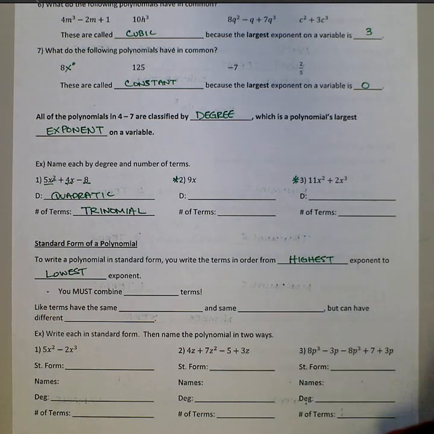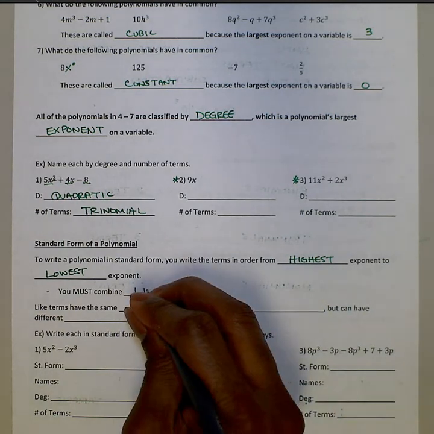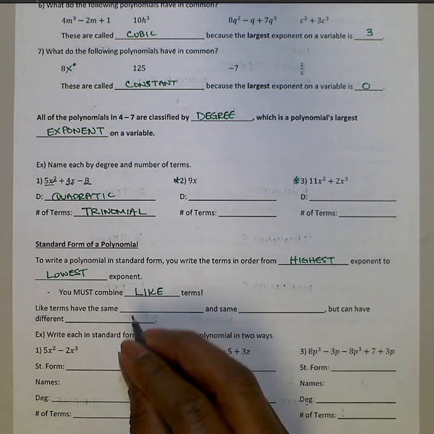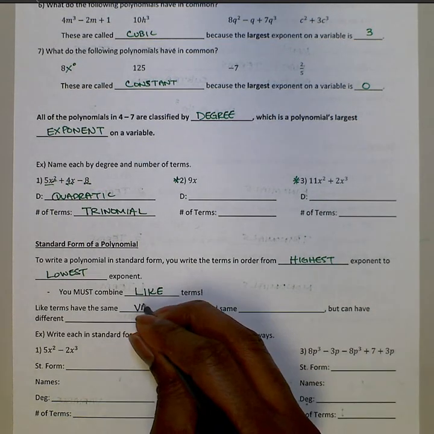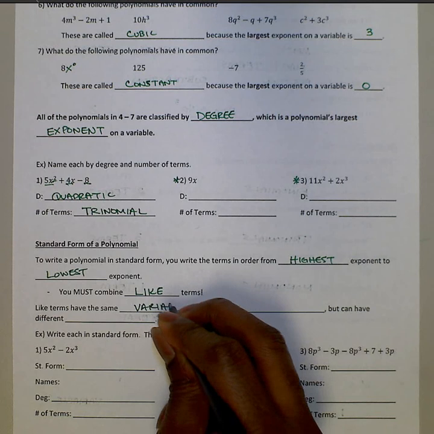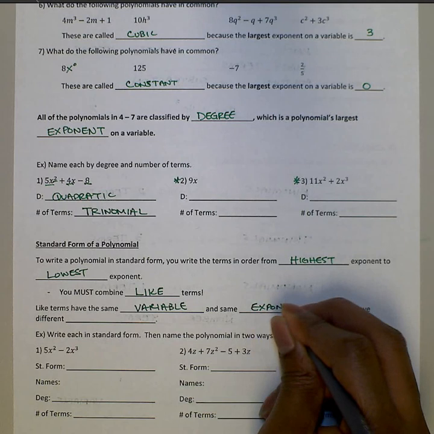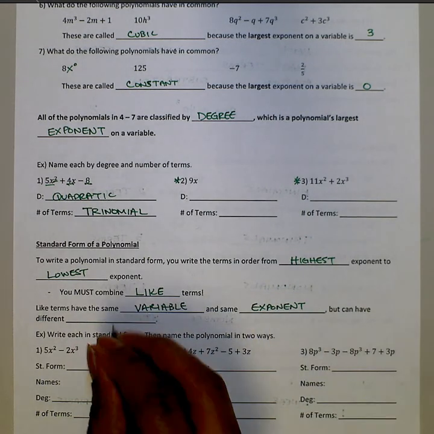And before you have it in standard form, you must combine like terms. Like terms have the same variable and same exponent, but can have different coefficients.